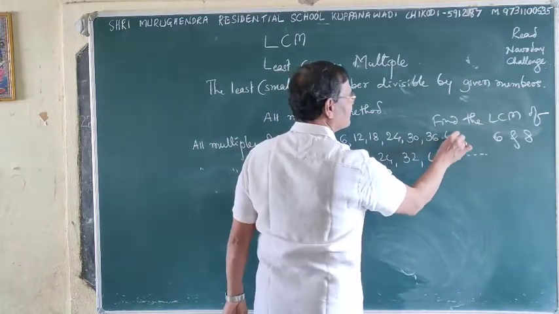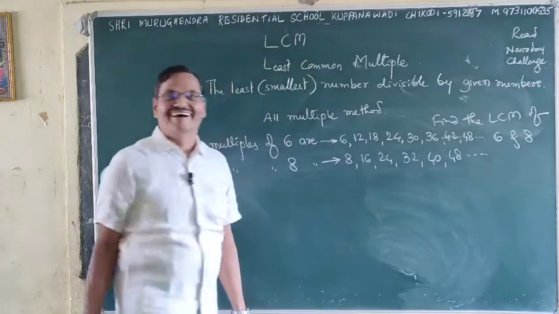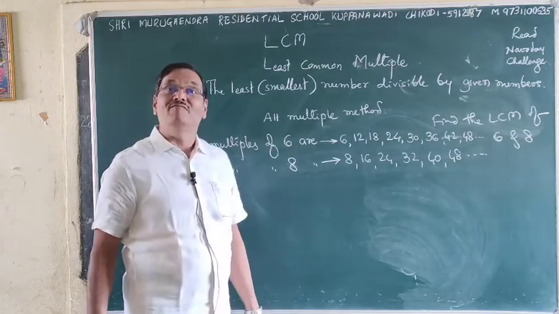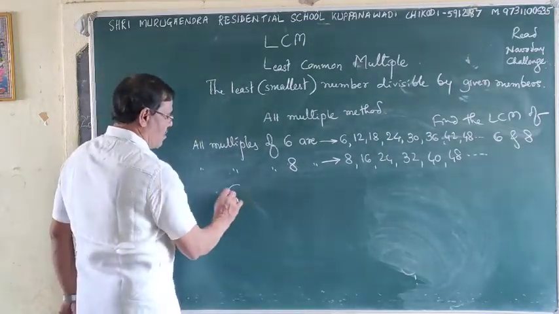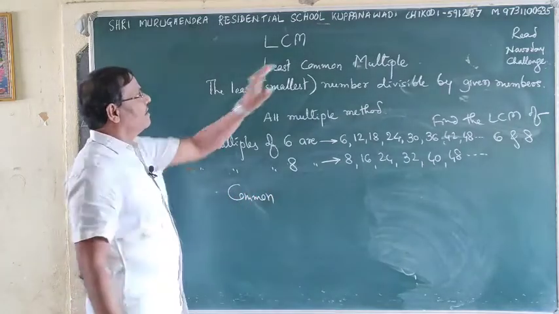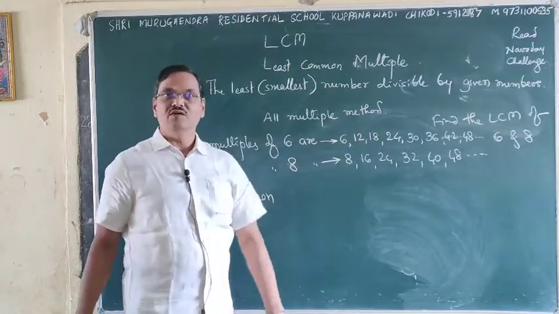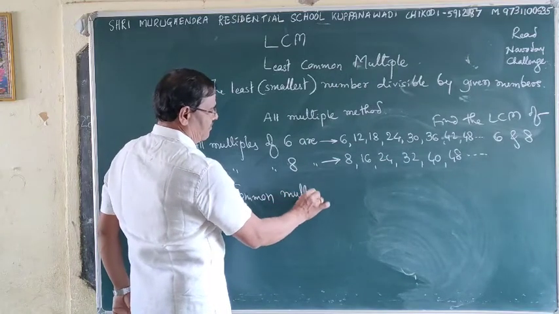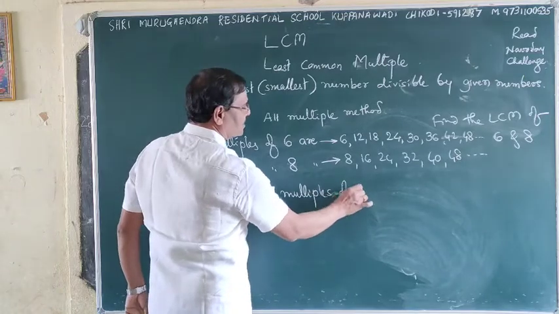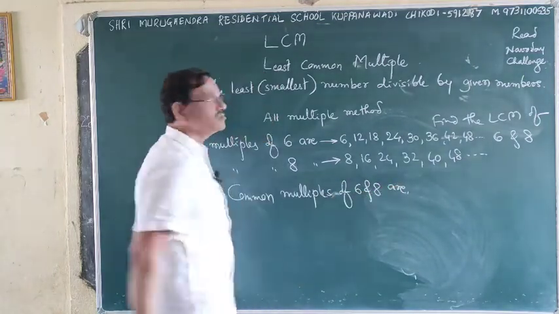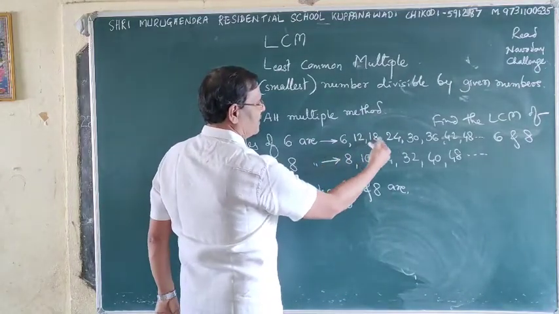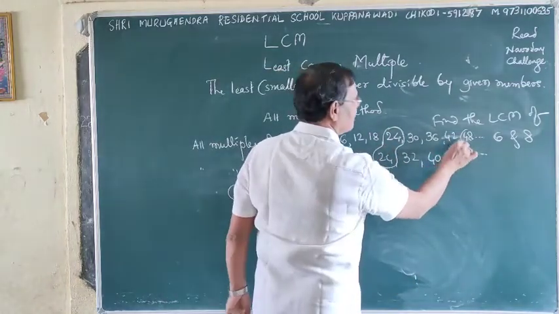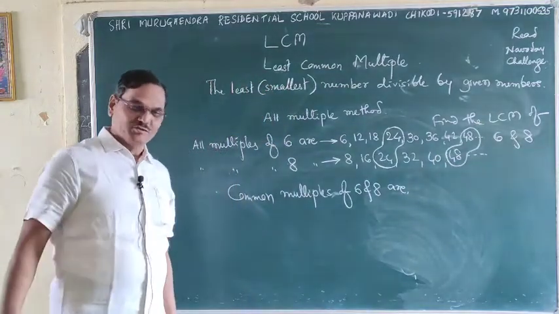Here also you can go for another two numbers. Now the common multiples of 6 and 8 are, which are those common? 24 is there here, whereas here 40 is there. So I extend it.